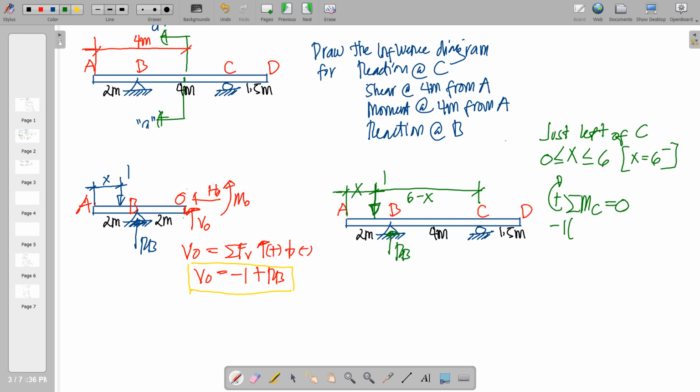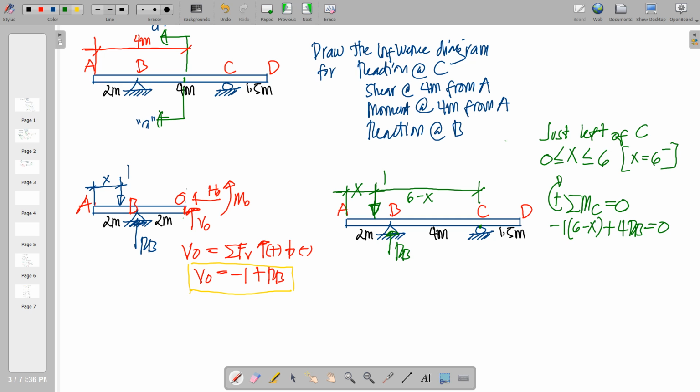All of the terms here will be less than 6, and that covers from A to C. So we have here -1 times 6 minus x. So your moment is at this point. Okay, so 6 minus x is the distance, and then plus 4 RB is equal to 0.